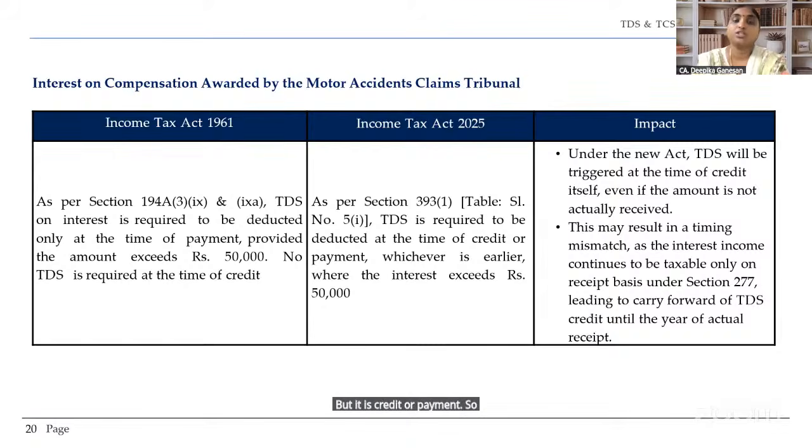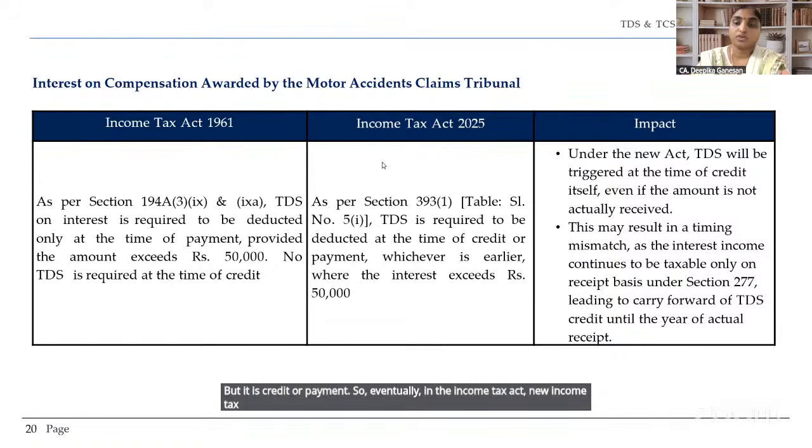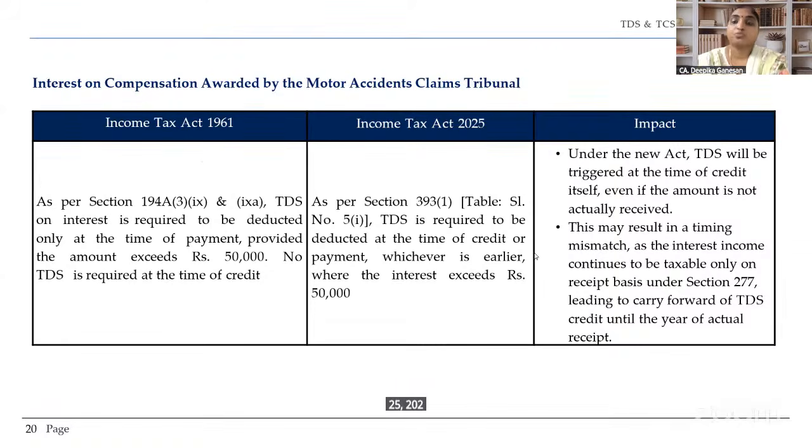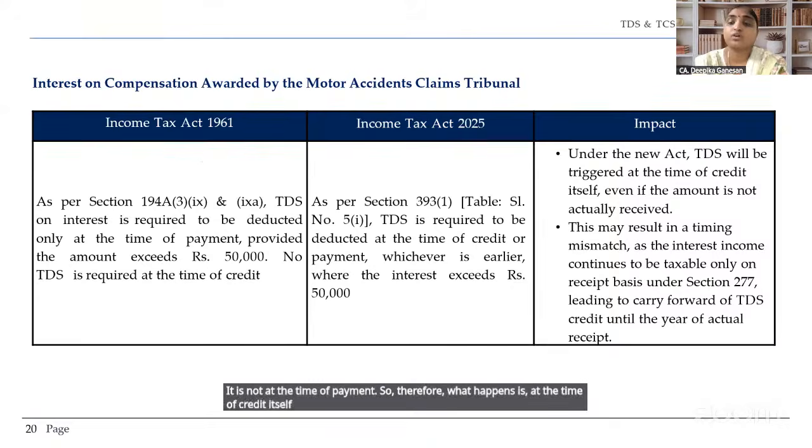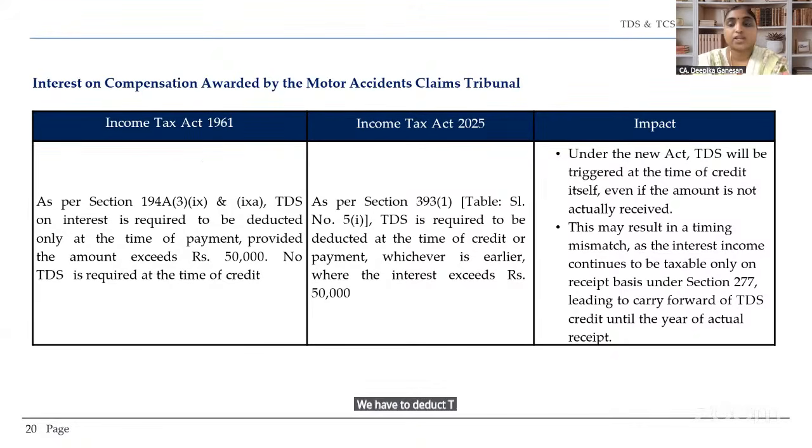So eventually in the new Income Tax Act 2025, it is not at the time of payment. So therefore what happens is at the time of credit itself, we have to deduct TDS even if it is not actually received. So what impact will it create?